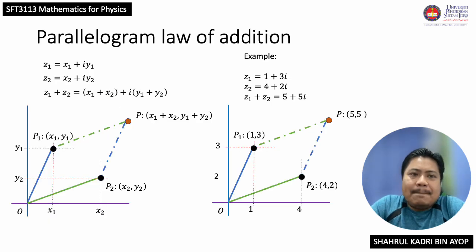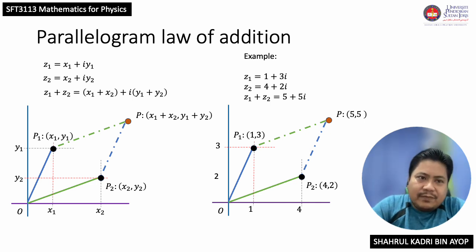Let's look at the parallelogram law of addition. When you add two complex numbers, it can be represented as a parallelogram in an Argand diagram. For example, you are given two complex numbers, z1 and z2.